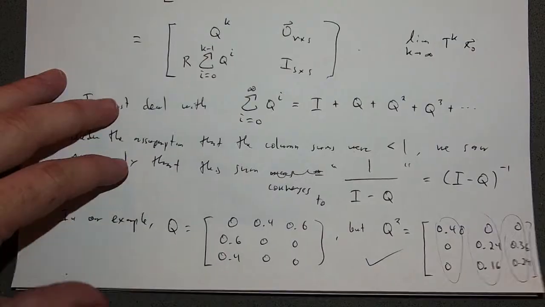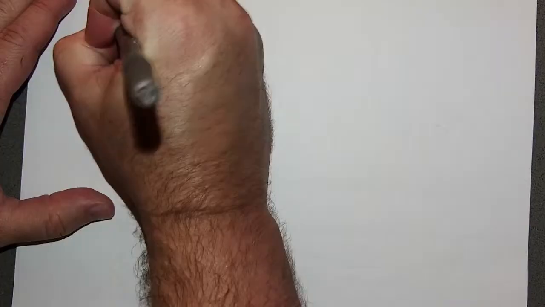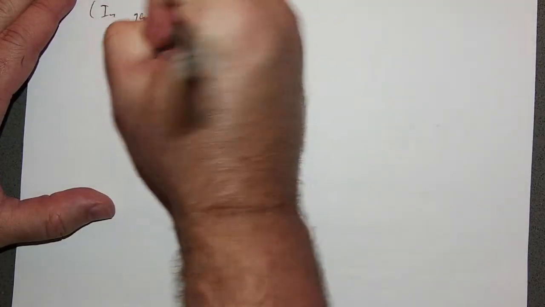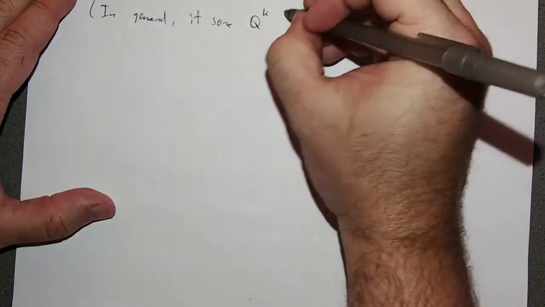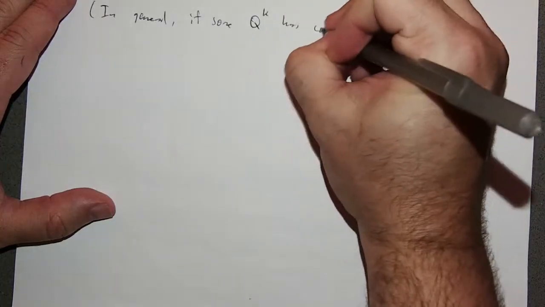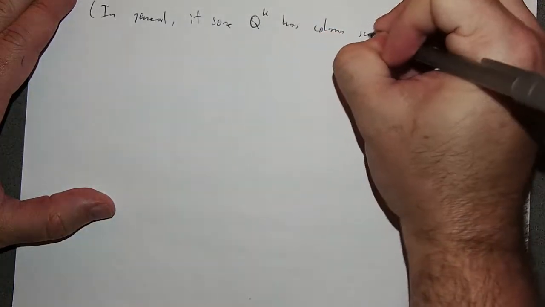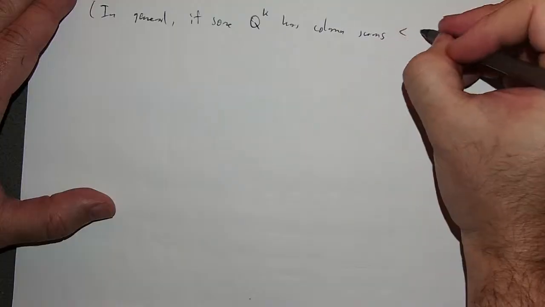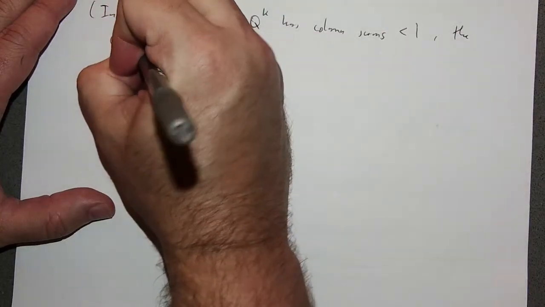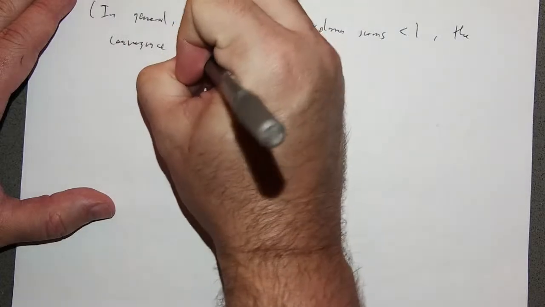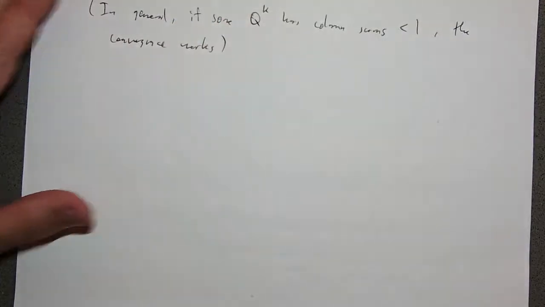Okay, just to repeat, in general, if some q to the k has all column sums less than 1, the convergence works.